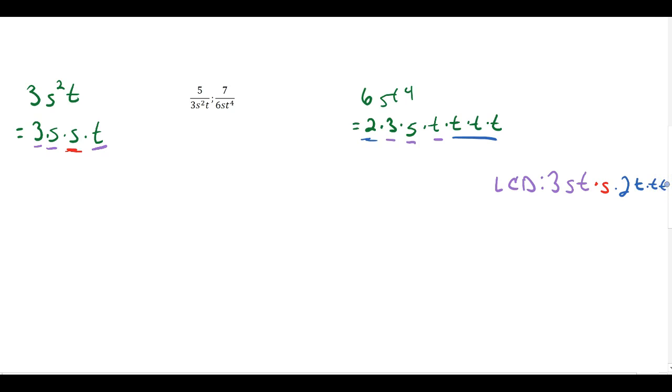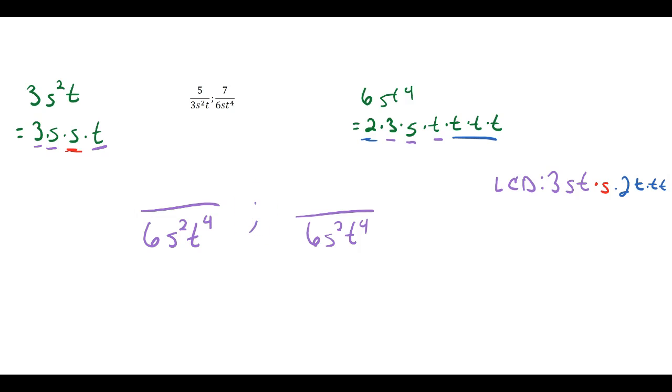Okay? Now this is going to help me because my least common denominator, 3 times 2 is 6, so that's 6. I have 2 s's, and I have 4 t's. Now notice my s's, the largest exponent is a 2, and my t, the largest exponent is a 4. That's what comes down here into my least common denominator.